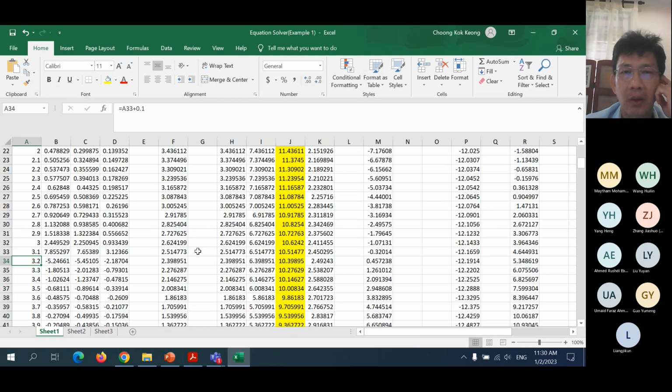So this is one way of solving the problem, which is making use of what we call the trial and error method, and from there try to narrow down the possible range of the solution. So from here we find that the solution for KL should be between 3.1 and 3.2. So we take the average, 3.15, as the solution.